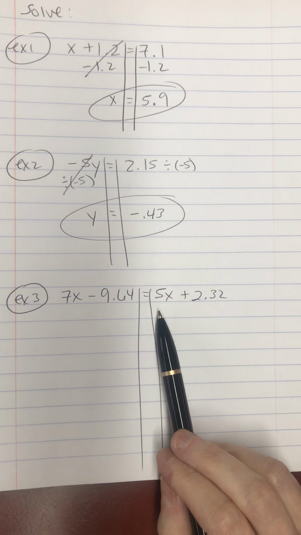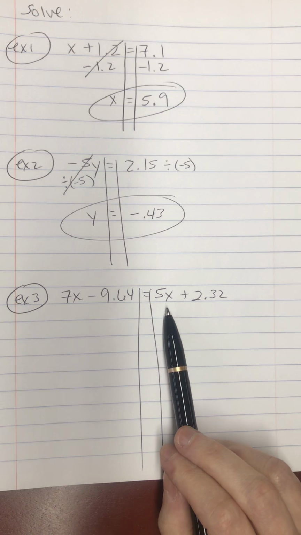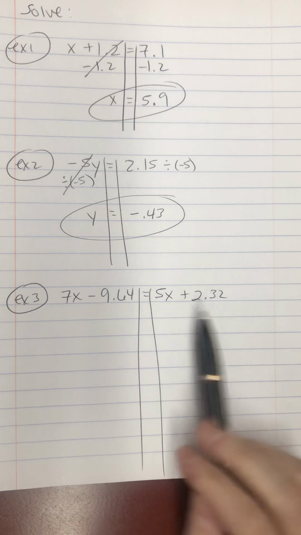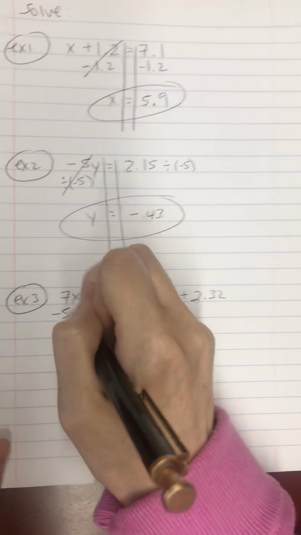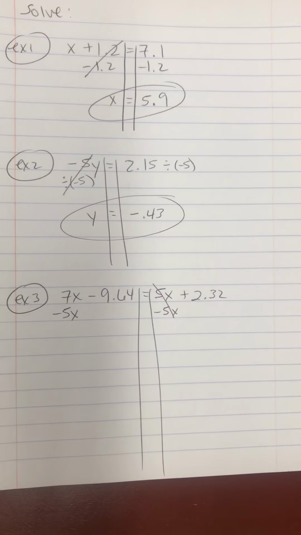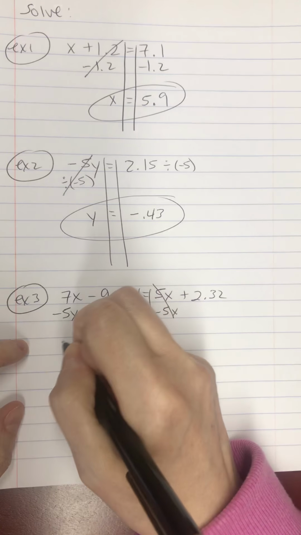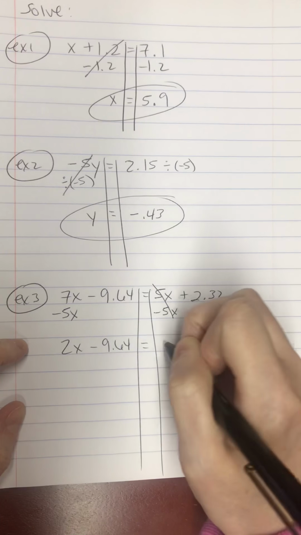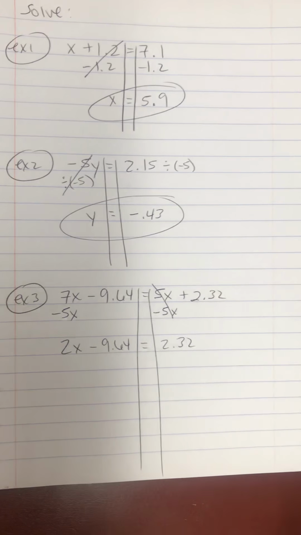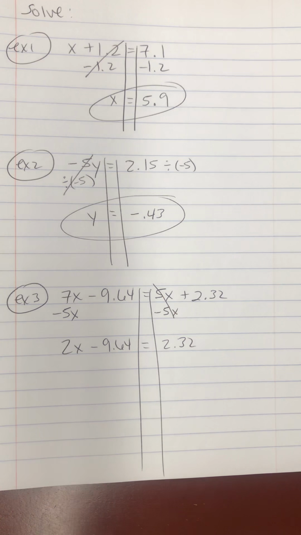I always encourage you guys to subtract the smaller numbers so that you don't have to deal with negatives. So if I were you, I would subtract 5x on both sides, so it cancels over here. And now you get 7x minus 5x, so that's 2x minus 9.64 equals 2.32. Okay, so now this is what we get.